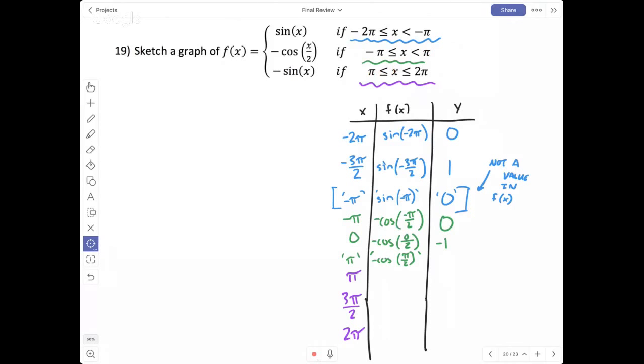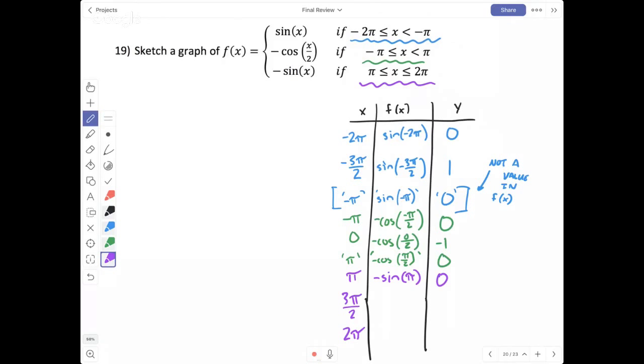It would be defined in the purple section. So let's see. Cosine of pi over 2 is 0, so negative 0 is 0. And then in purple, where pi actually gets plugged in, we're going to have negative sine of pi. And the sine of pi is 0, and negative 0 is 0.